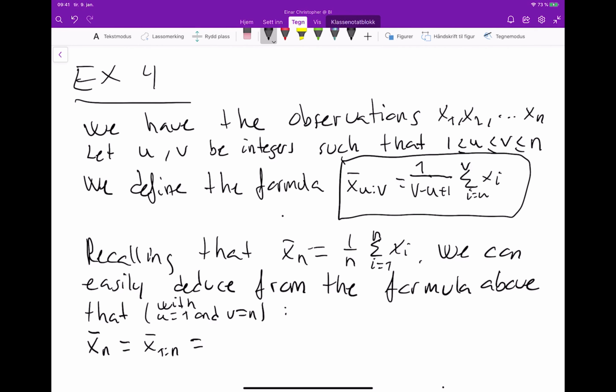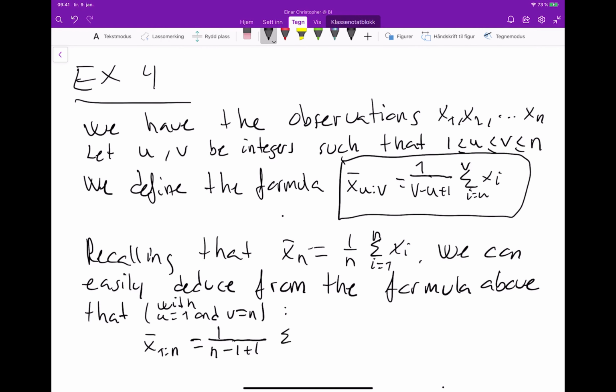We just want to take the mean of the numbers 1 to n, and this is x bar 1 to n. And if I use the formula now with u equal 1 and v equal n, we get 1 divided by n minus 1 plus 1.